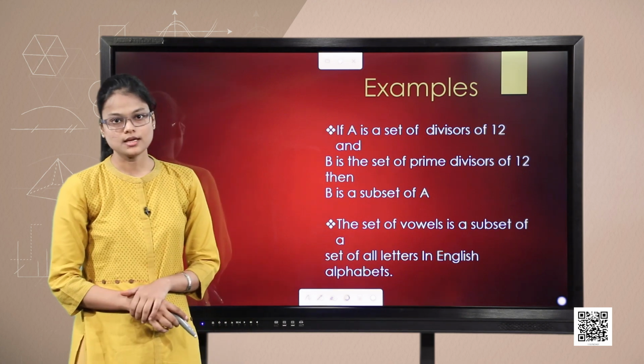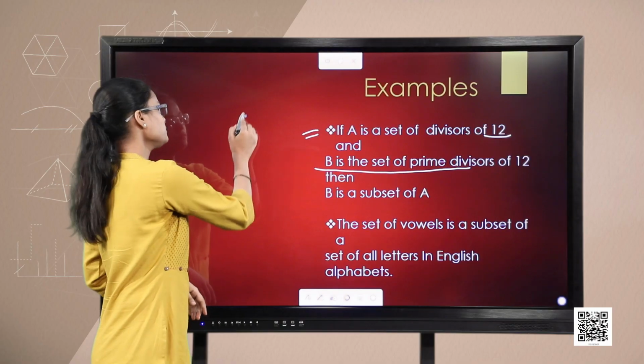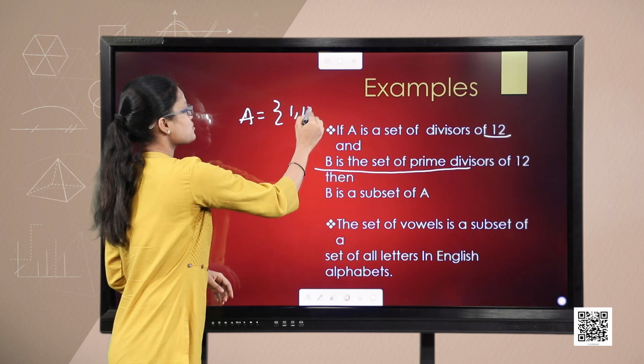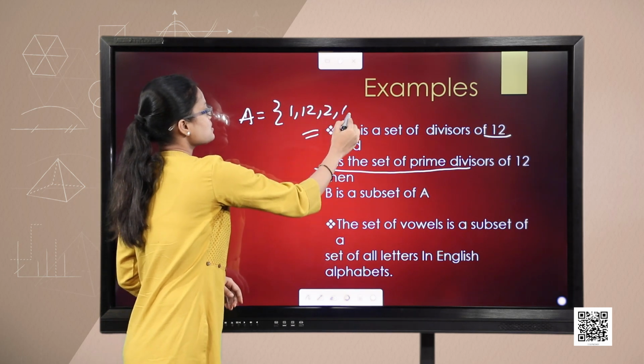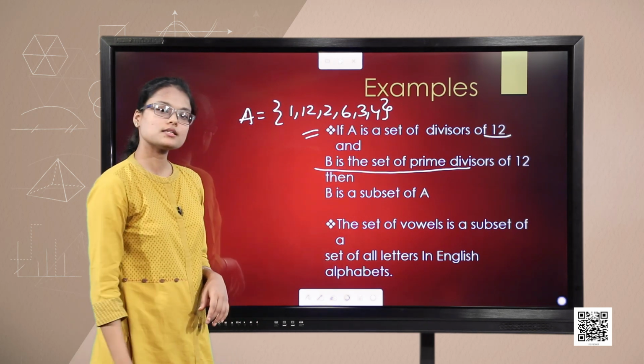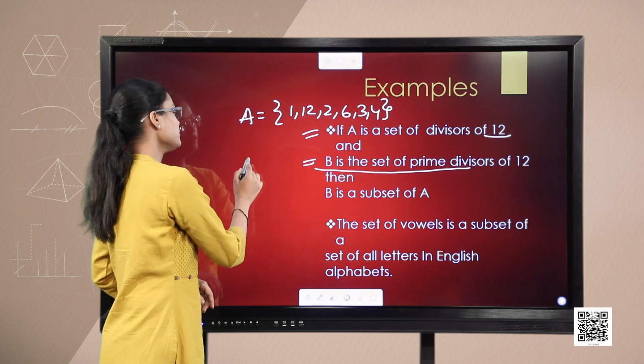Examples: you may see B is the set of all prime divisors of 12 and A is the set of divisors of 12. Can you write all the divisors of 12? Let us list them. They are 1, 12, 2, 6, 3 and 4. These are the divisors. And what are the prime divisors of 12?